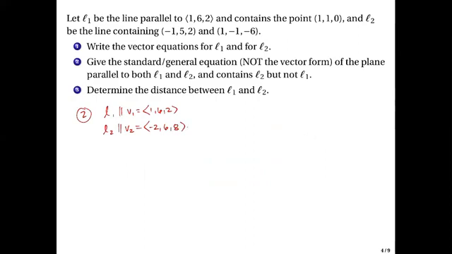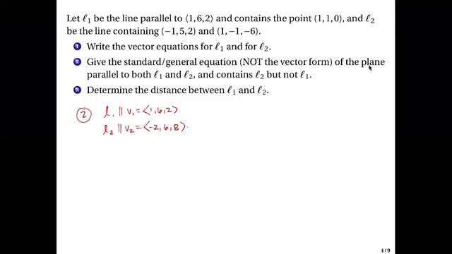So here's what we're gonna do. In order to obtain the plane parallel to both L1 and L2, we need a vector that is perpendicular to both L1 and L2. Take note, to give the standard or general equation for the plane, we need a perpendicular vector.